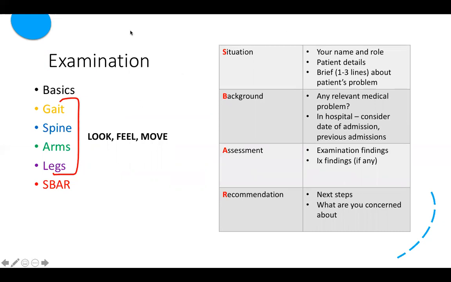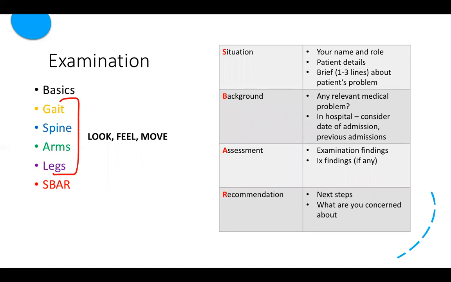Once you've done the examination, don't forget to summarize. Situation, so you want to say your name or your role. If it's an exam, you wouldn't have to repeat it, but if it's in the hospital or GP, you'd want to introduce yourself. Give the patient details and give a brief line like this patient's coming with back pain or something else for 1 to 2 days.